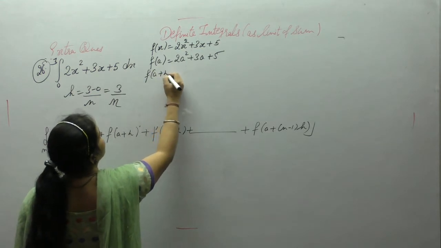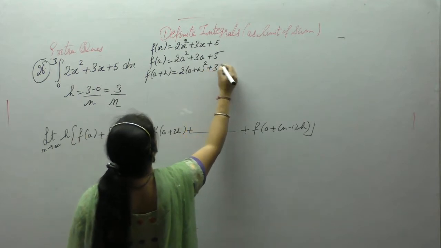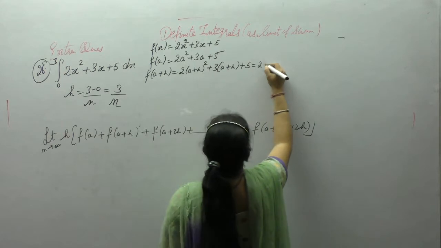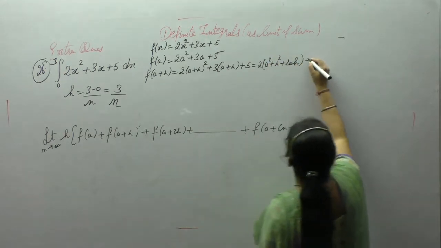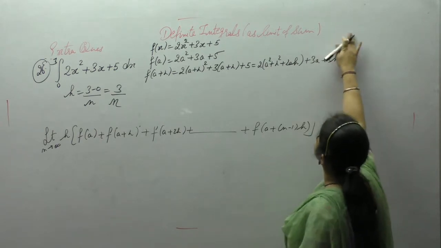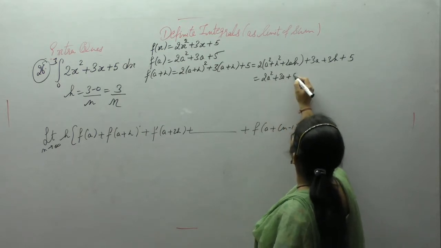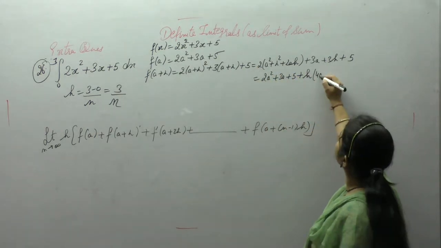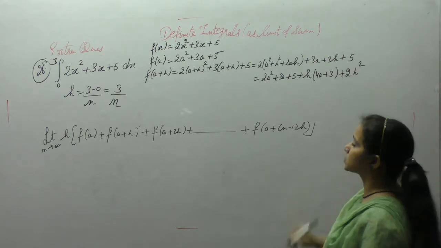F of a plus h is 2 times (a plus h) whole square plus 3 times (a plus h) plus 5. Open the brackets: a square plus h square plus 2ah, plus 3a plus 3h plus 5. So 2a square plus 3a plus 5, terms of h: 2 into 2, 4a plus 3, plus 2h square.